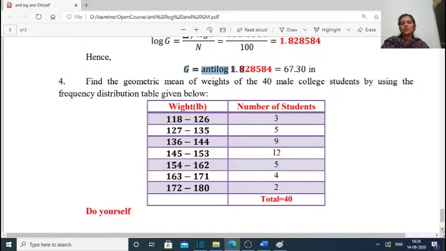So f is equal to 3. So you have to find log x, f log x, sigma f log x by n. N is given as 40. 127 to 135, 5; 136 to 144, 9; 145 to 153, 12; 154 to 162, 5; 163 to 171, 4; 172 to 180.